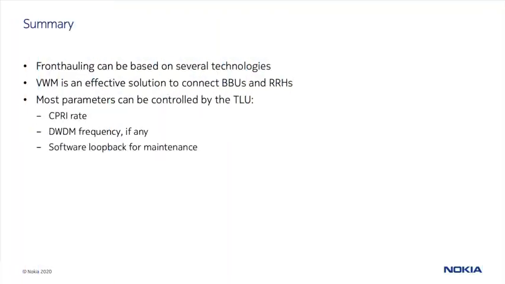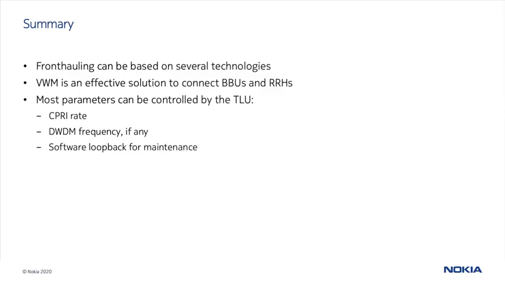In summary, in a VWM-based fronthaul link, several components are present, but one of them is used for most of the channel configuration parameters to be issued, the TLU. Through this active component, the user can define the CPRI rate per channel, and configure the DWDM frequency where DWDM channels are used. In case CWDM channels only are used, typically their frequency is predefined with the pluggable and cannot be changed via software.